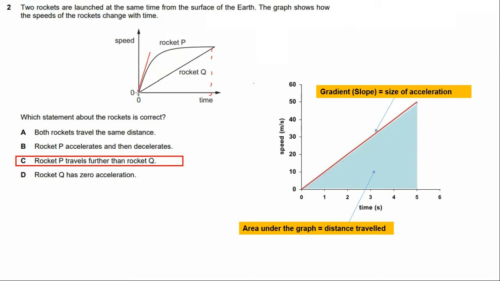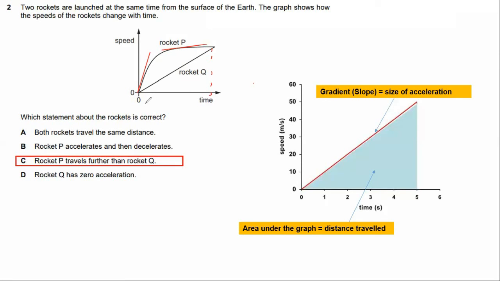So here I'm drawing two tangents to the curve at two different instances, one in the beginning and the other at the end, closer to the end. As you can see, both of these tangents make acute angles with the positive x direction, which suggests that they have positive gradients and therefore positive accelerations.